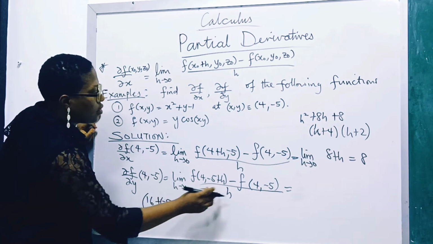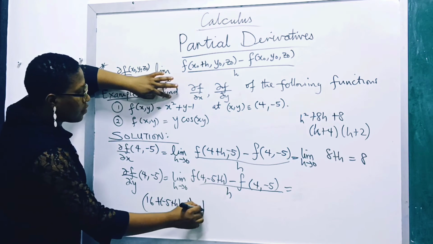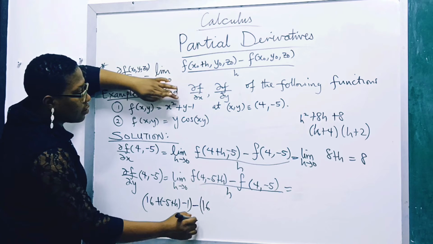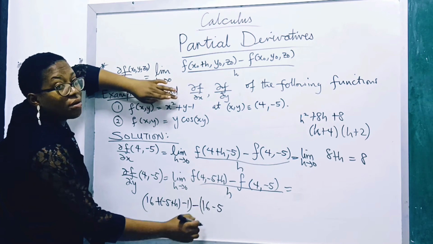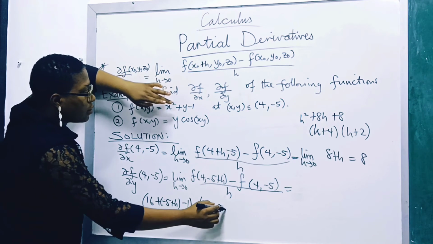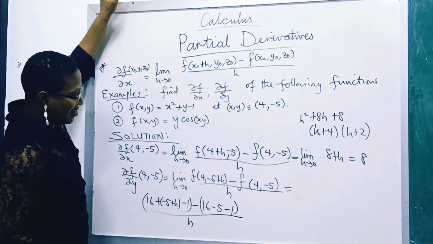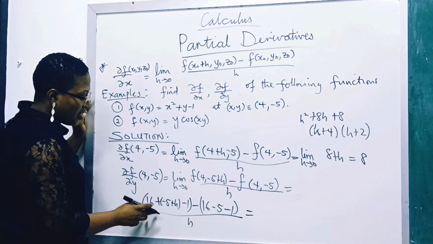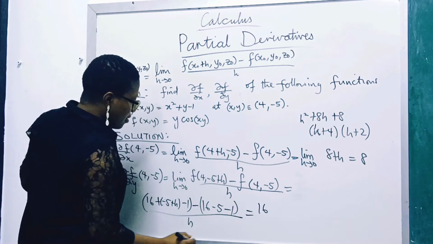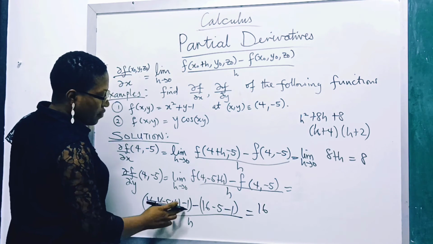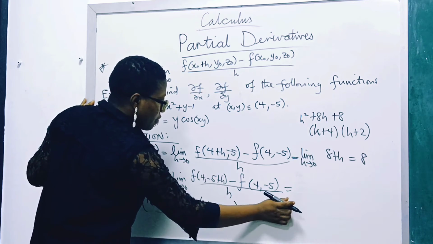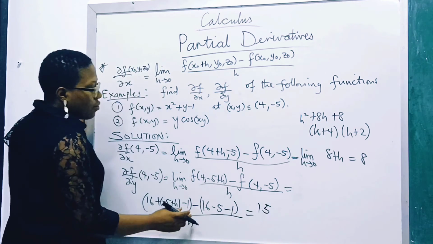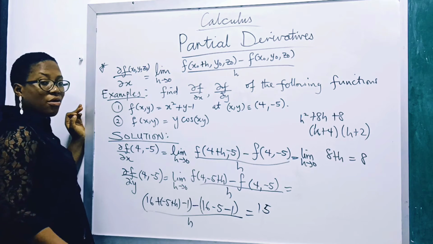Minus the same thing: 16, minus 5, minus 1, over h. The 16 will cancel the 16. Use brackets so you don't confuse yourself.